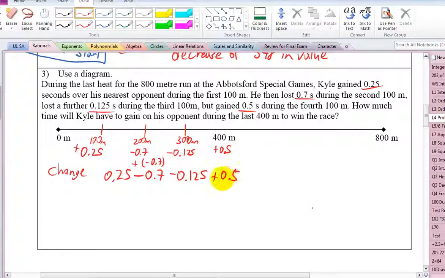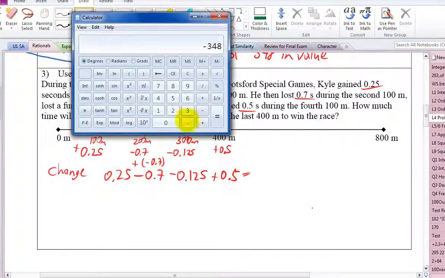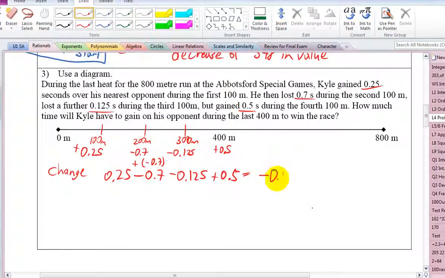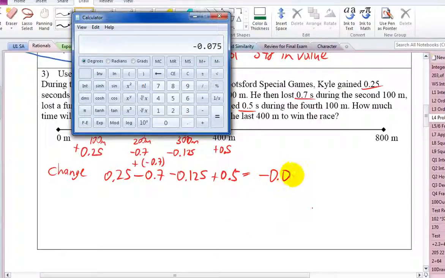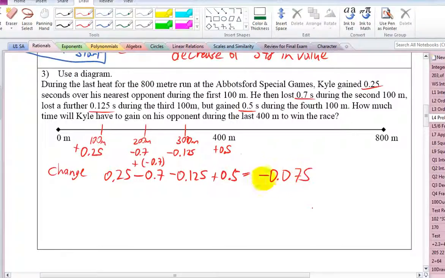So I simplified my signs as you went along. And a lot of you will do that naturally, which is good. It means you have a bit of number sense. So 0.25 minus 0.7 minus 0.125 plus 0.5. So overall we get negative 0.075. And that would be seconds.